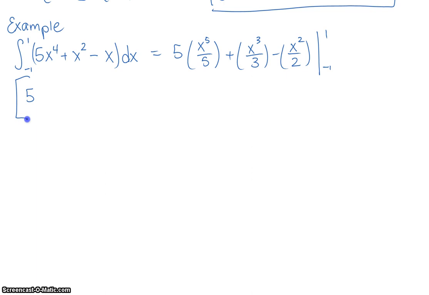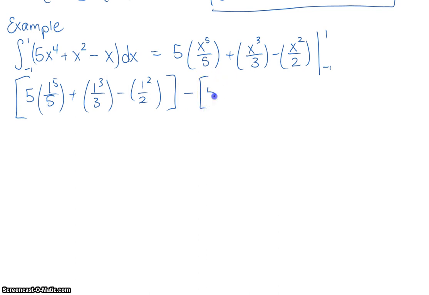And again, for f of b, things do cancel out, but we would plug in our b value, which is 1. So you'd have 1 to the fifth all over 5 plus 1 cubed all over 3 minus 1 squared all over 2. That's our f of b.